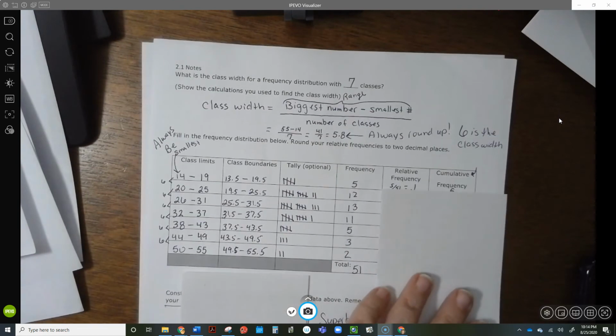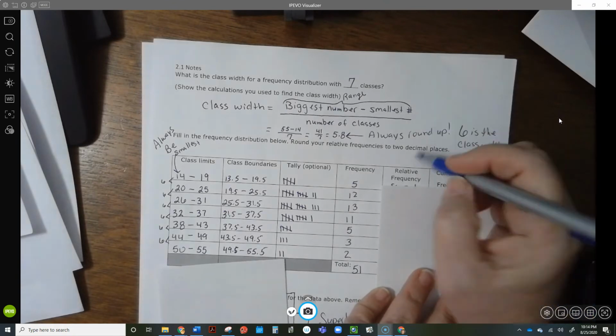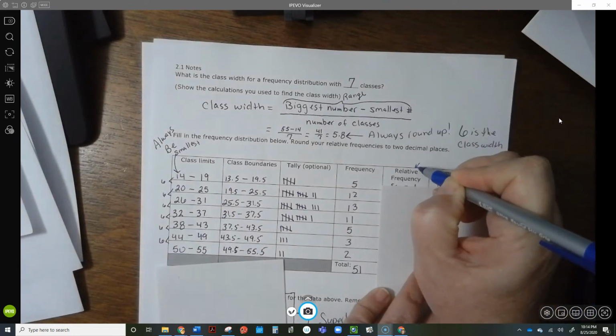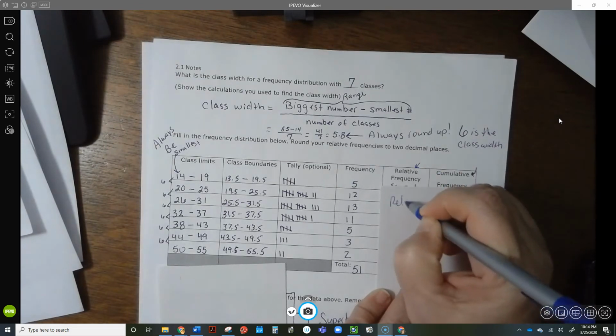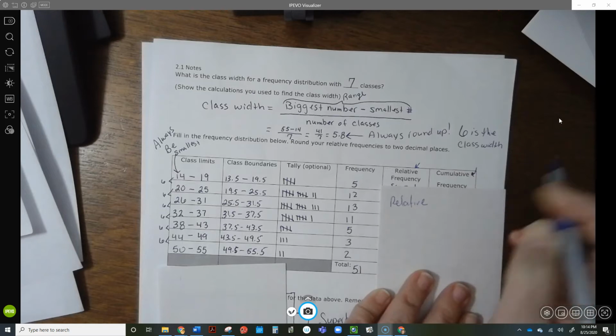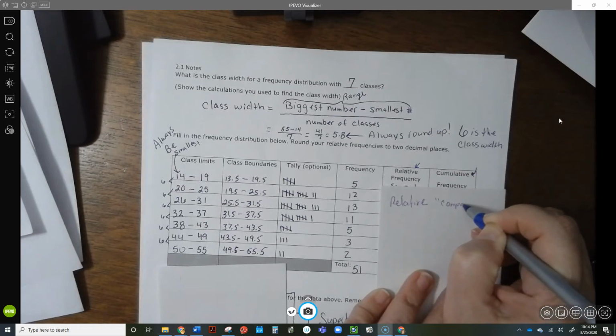Relative frequency, I haven't talked about that yet, so I'm going to define relative and cumulative frequency for you. Think about relative right here. Relative basically means, it means compared to what?